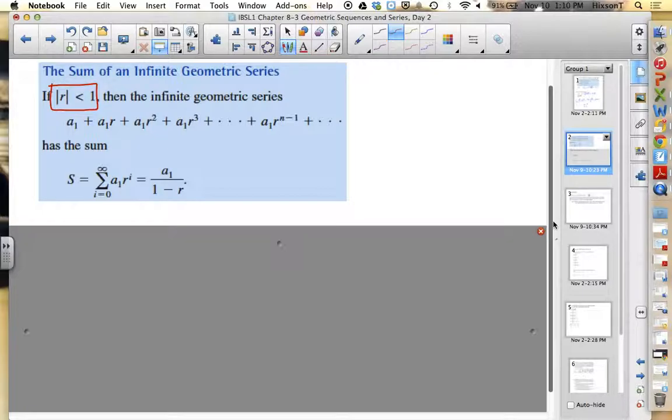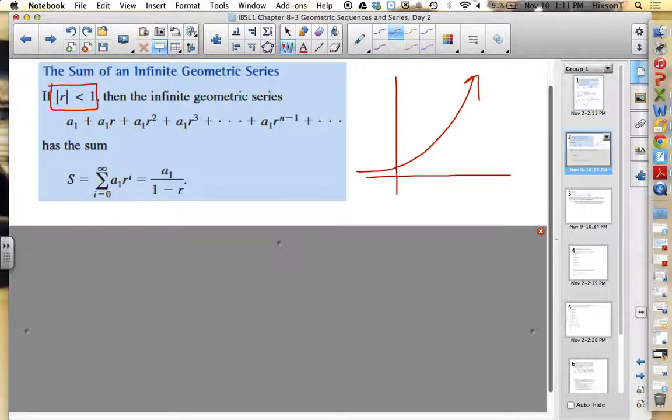Now, the reason why this works is because we're dealing with an exponential. And when we graphed the exponentials, when the thing that we were raising to a power was bigger than 1, our exponential looked like this, right?